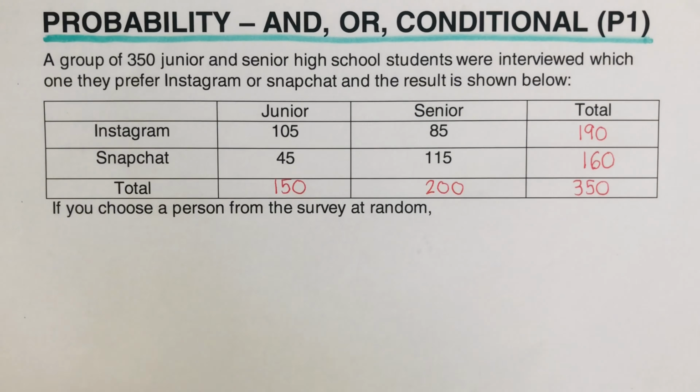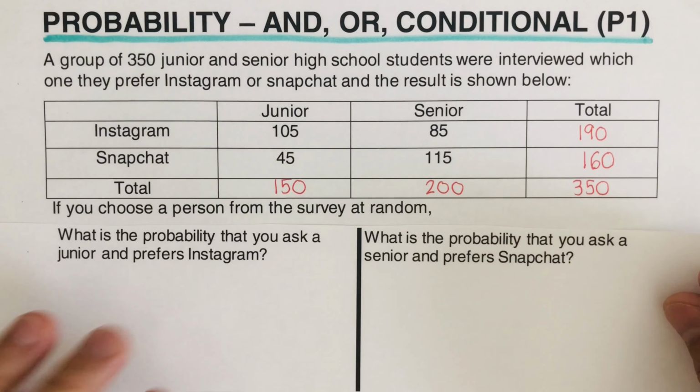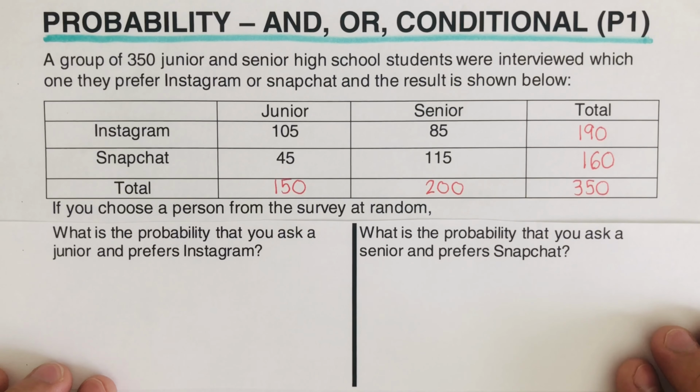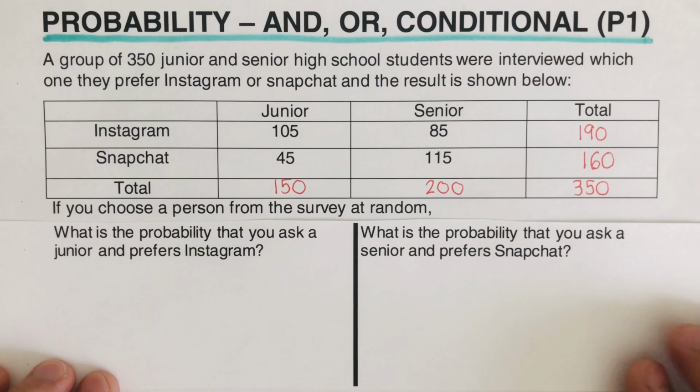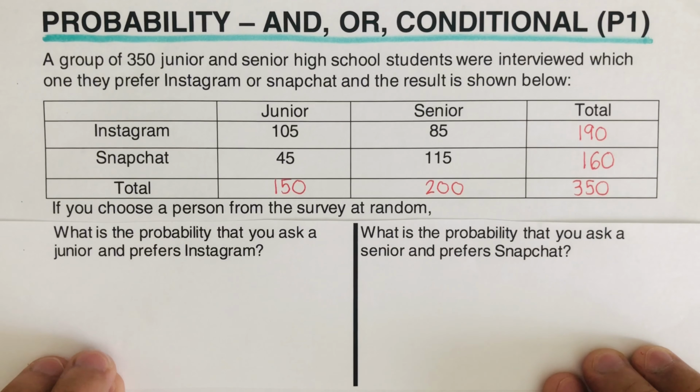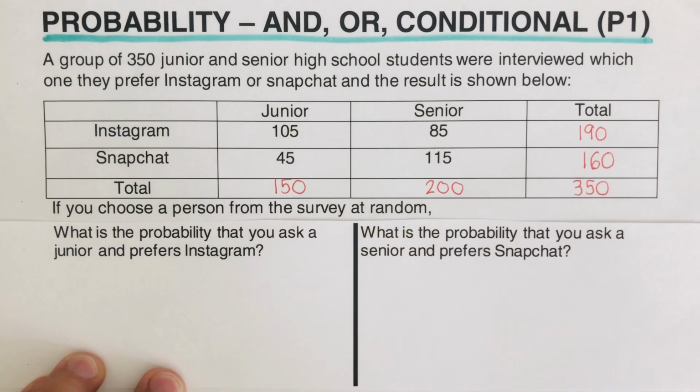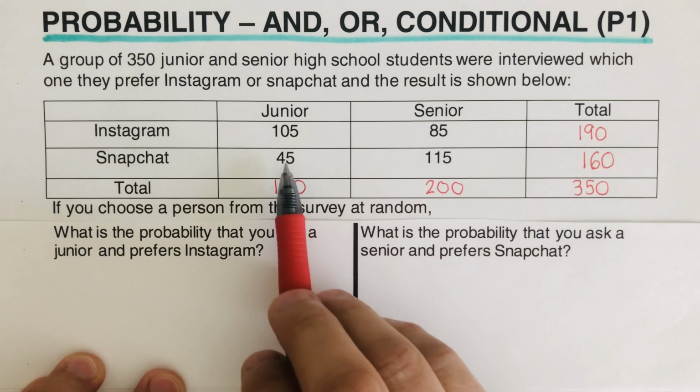Now, if you go to this school and ask random junior and senior high school students, what would be the probability that, let's take this first example here, you ask a junior who prefers Instagram? We remember that for "and", each of these are actually "and".